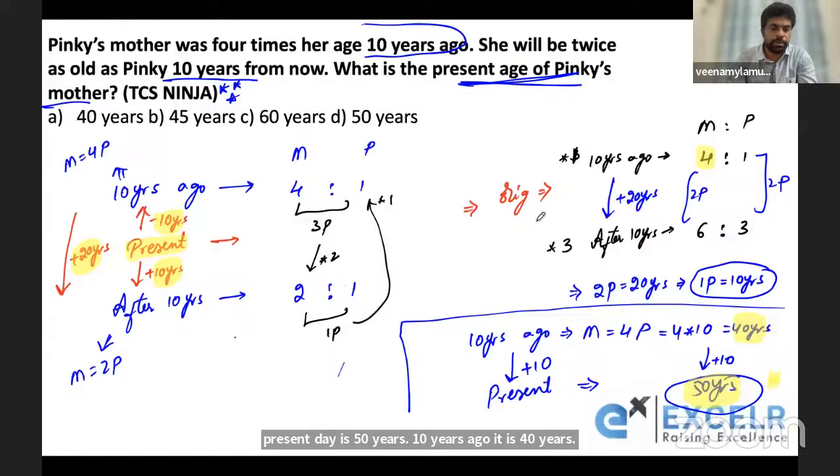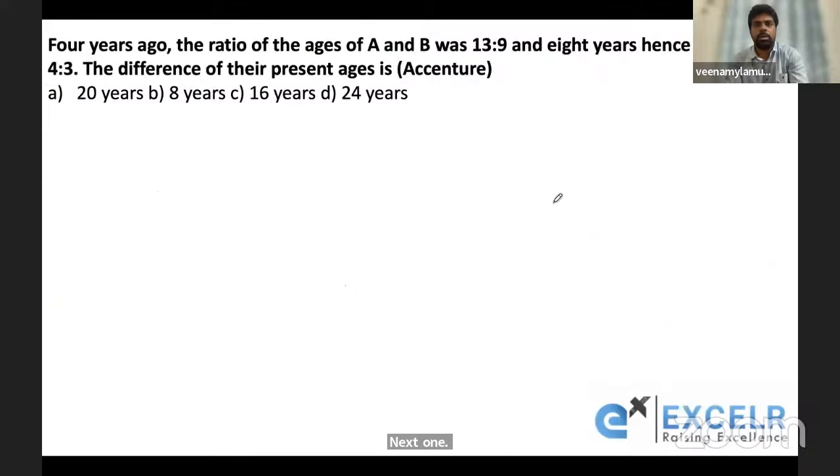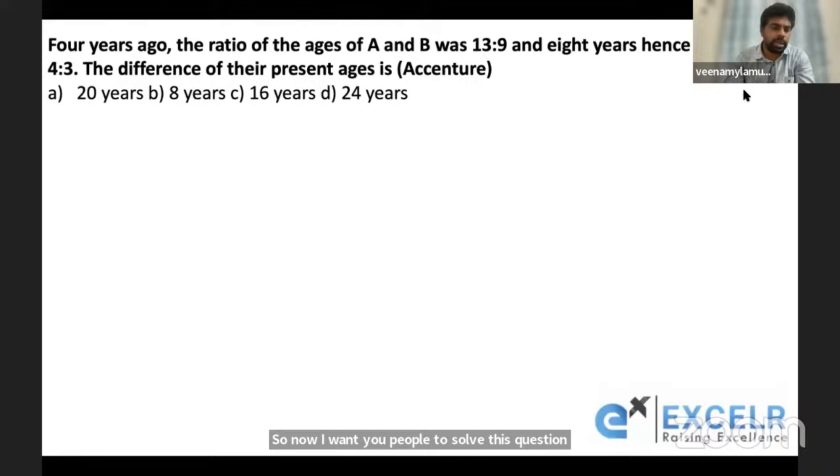Next one. So now I want you people to solve this question and tell me the answers. Manasa, Gayatri Manasa is saying, can you explain the 6 is to 3 case? You can go back and solve that question again. You solve this and tell me the answers. Be fast.